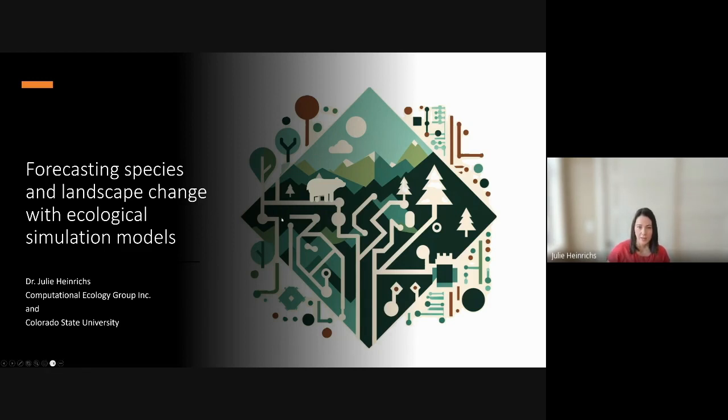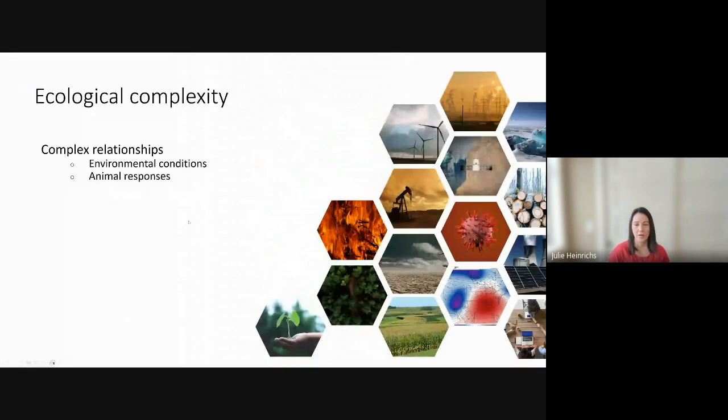So I got into this line of work because I was thinking a lot about ecological complexity. As we look across our environments, we see that the environments have radically different conditions from place to place and from time to time. And this can incite a lot of differences that matter for animal responses and plant responses.